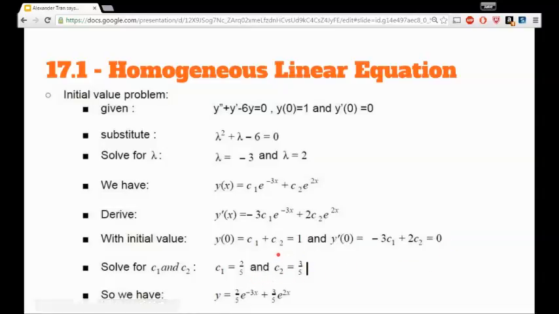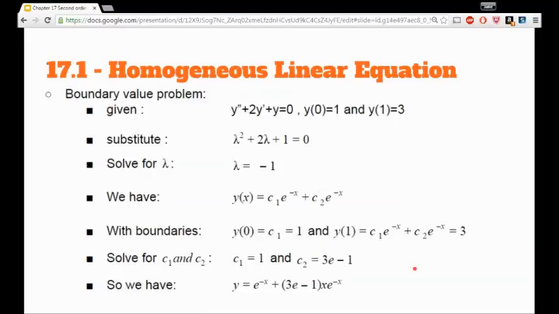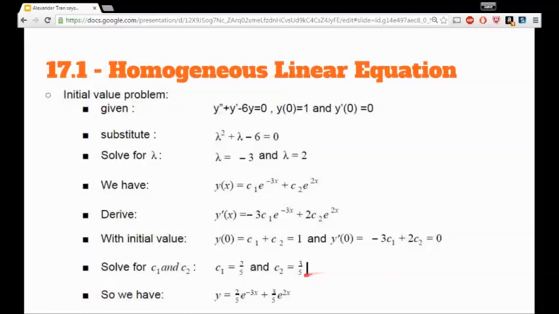And we can solve it with a system of equations. And we have y equal to 2/5 e to the power of negative 3x plus 3/5 e to the power of 2x.